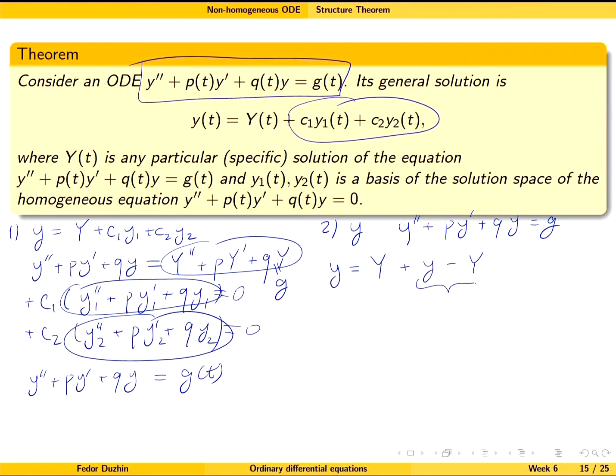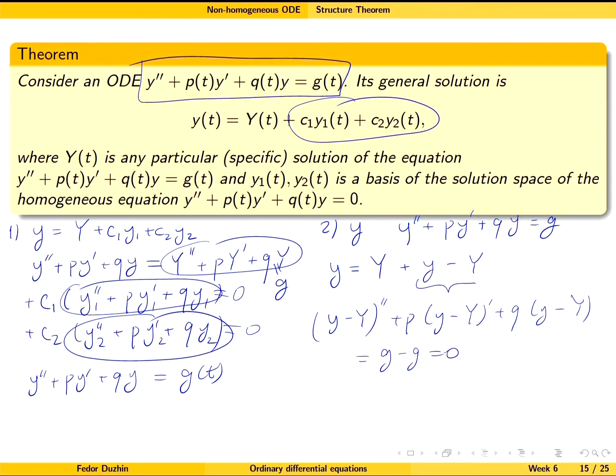Let's try. (y minus y capital) double prime plus p (y minus y capital) prime plus q (y minus y capital). Well, this is just g minus g, which is 0, so it's true, right?